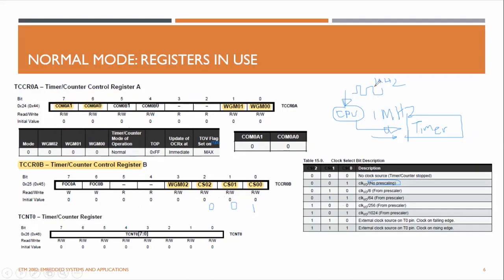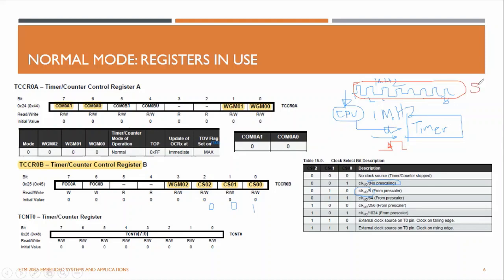If you need to slow it down to 8, I mean, when there are 8 pulses, let's say 1, 2, 3, 4, 5, 6, 7, and 8, when 8 pulses have passed, then your timer will be updated with 1 pulse, which is known as a prescale of 8.